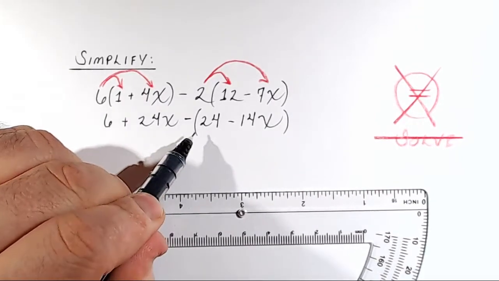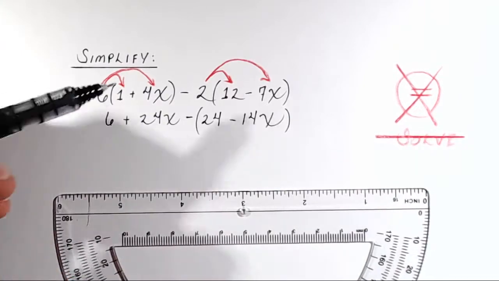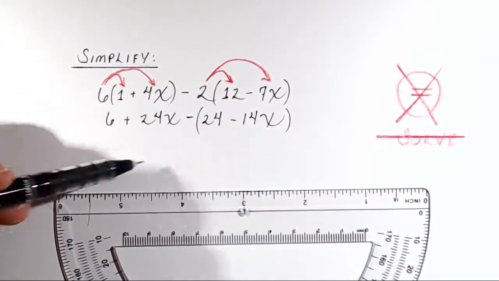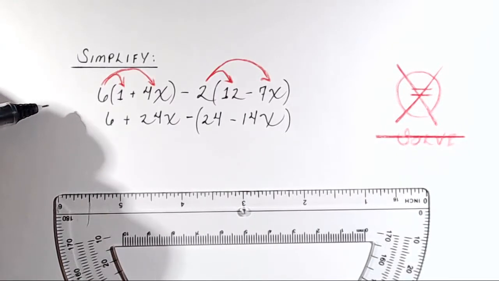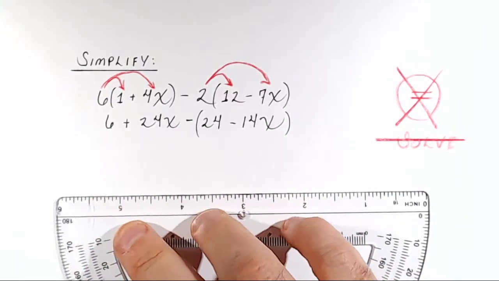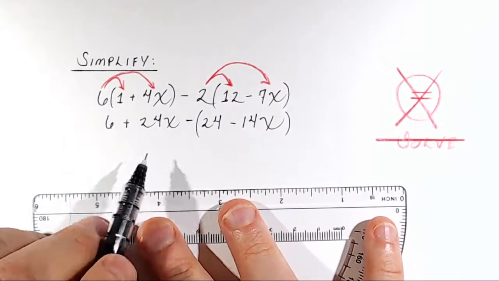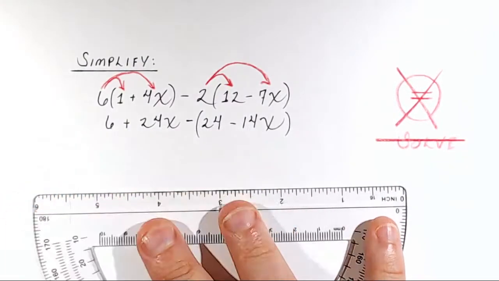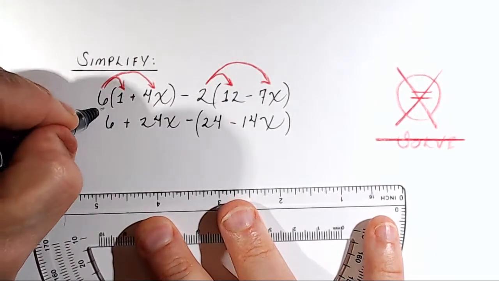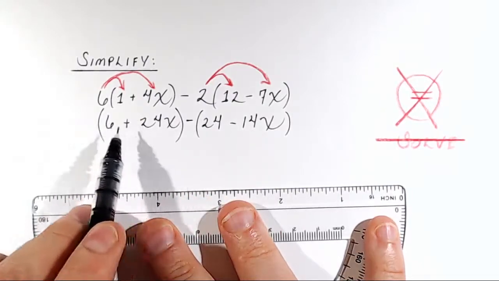And why did I put this inside parentheses? Because we are subtracting this whole thing from this whole thing right here. So let me show you what that means. That means that I'm basically going to do a subtraction problem. Now you could try to do that on one line, but try stacking these expressions. Essentially, we're going to subtract this whole thing from this whole thing.